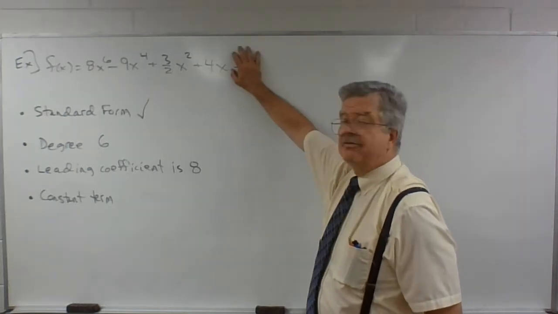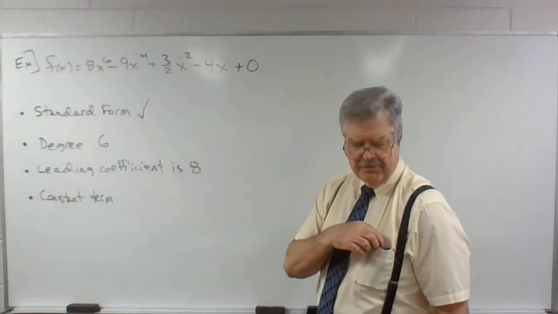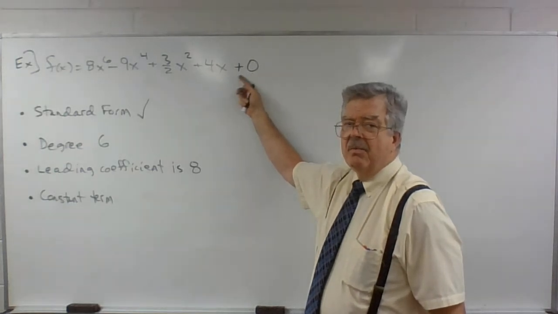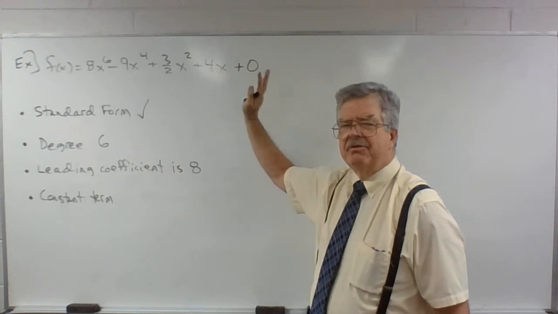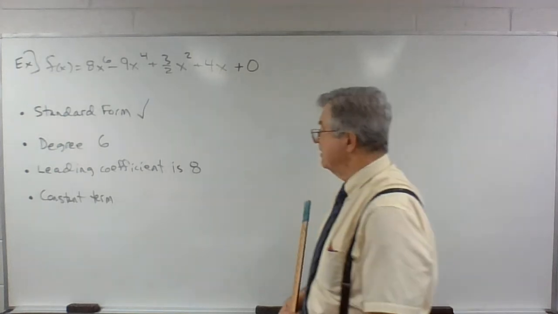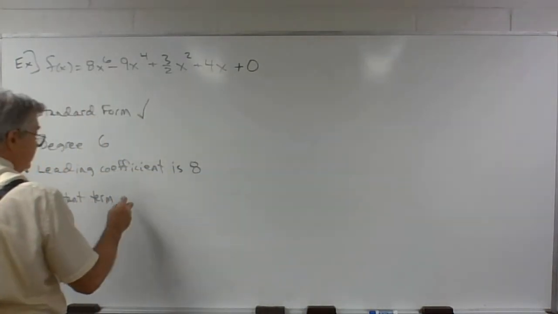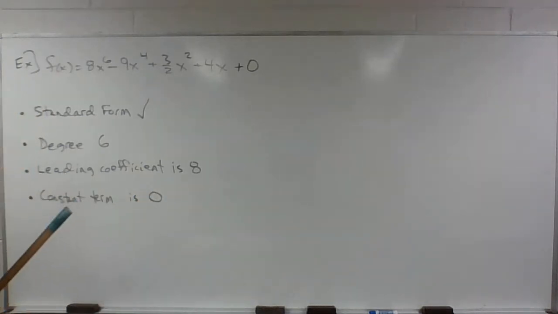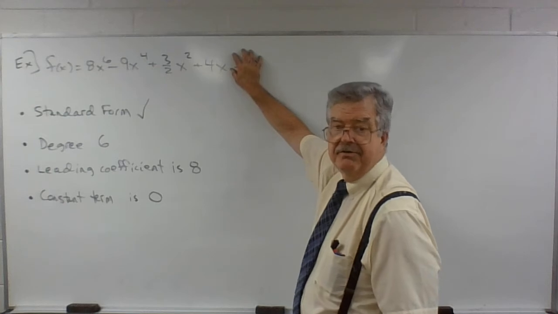So if no constant term appears, there really is a constant term, but we just don't write the 0 term. The constant term is 0 in this case. So that's what happens when we don't see a term of degree 0.